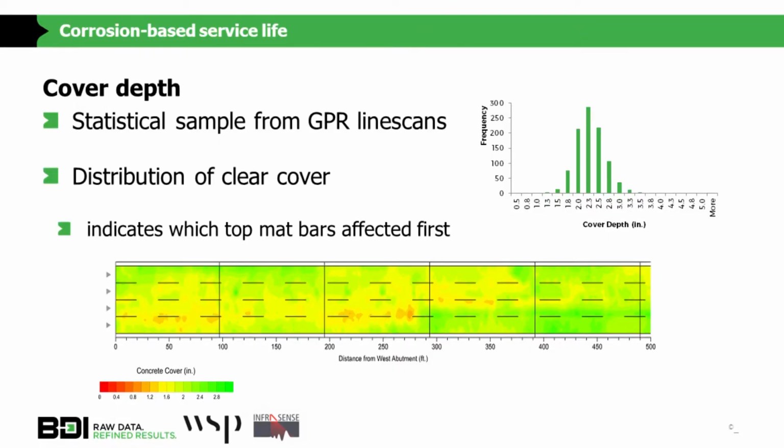As Shane mentioned, we also have the ability from the ground penetrating radar to get very detailed information about the cover depths, the cover depth distribution across the structure, so we get a nice statistical representation of clear cover. Clear cover is an important input for our diffusion modeling, and so that helps us understand which percentage, the shallowest percentage of the bars are most likely to corrode first as the structure ages.